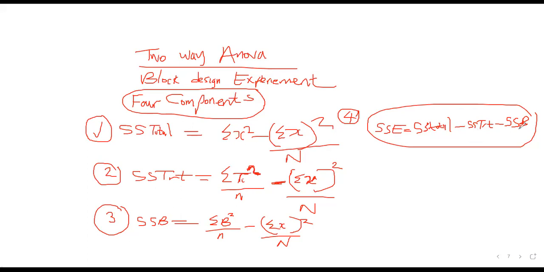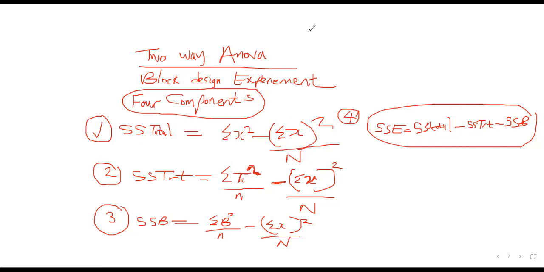This is for a two-way ANOVA. All right, I'll get into details of how we get down to the treatments and the blocks. All right, so let's look at the actual question so that you will now see what is actually happening.